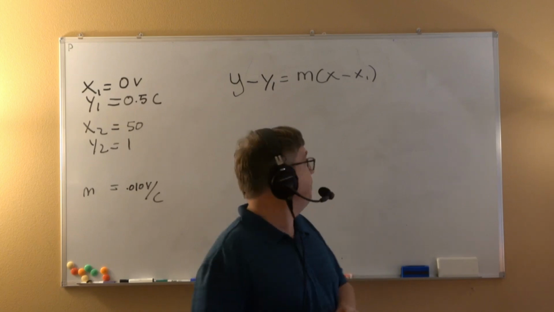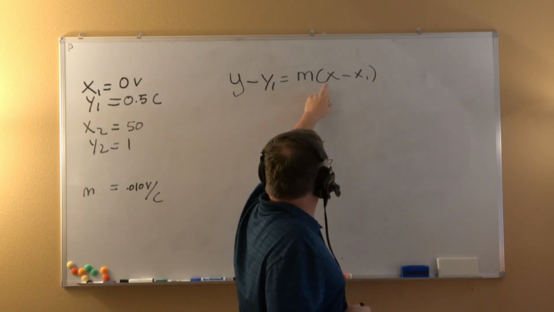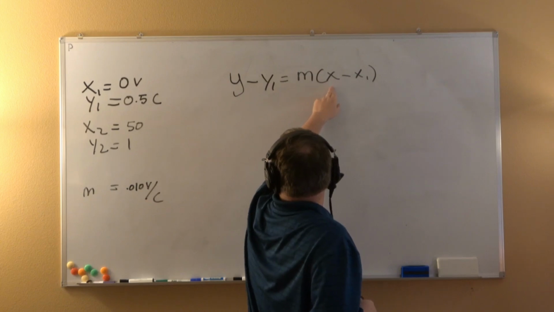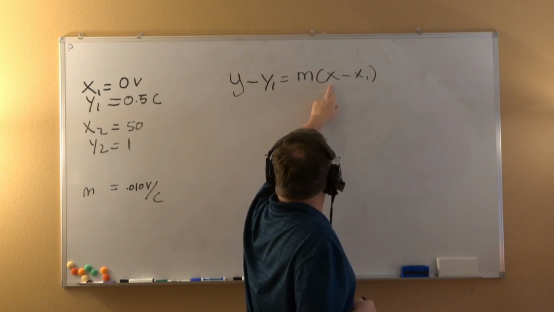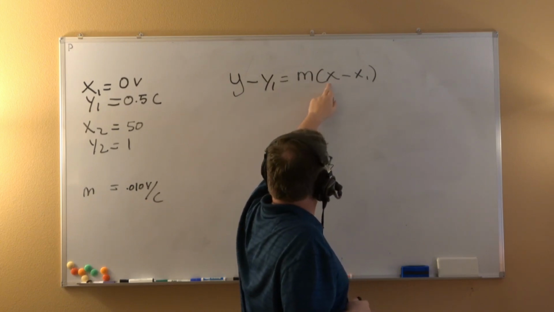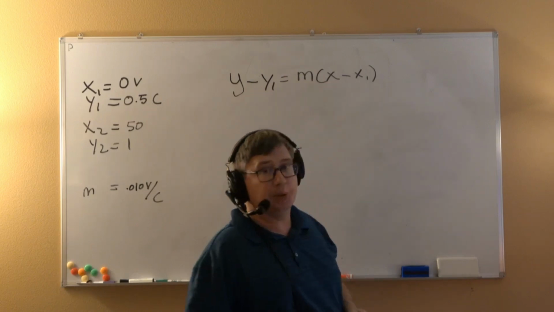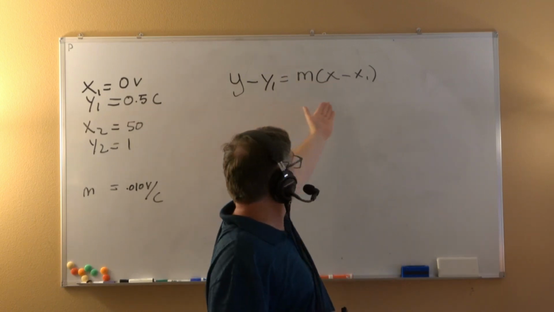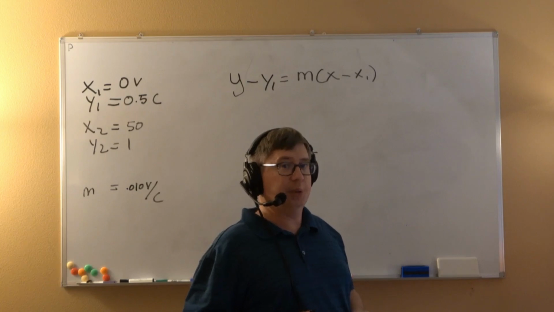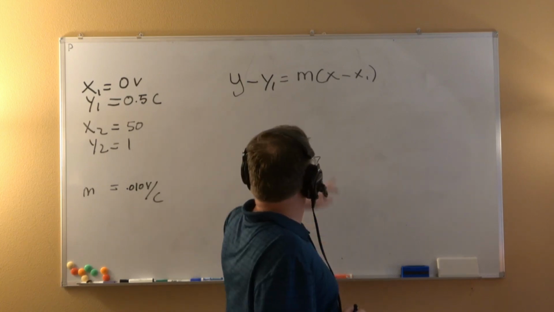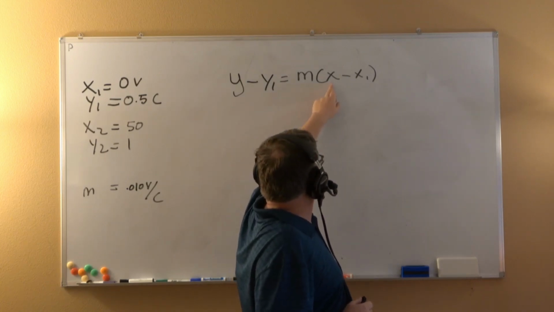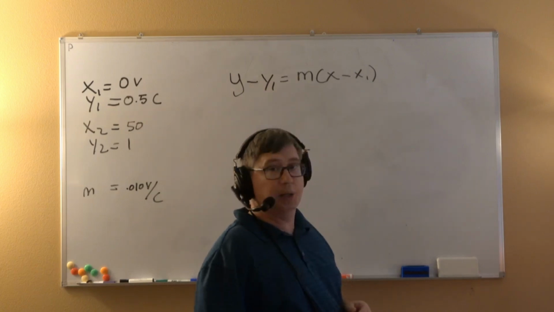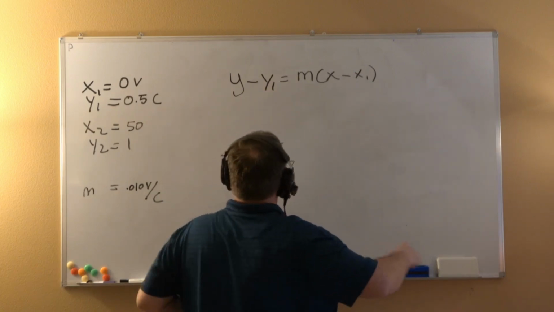However, the X right here is our Celsius, and we want this to be our output. So the way this equation is set up is not what we want. We want this to equal X in terms of Y. So let's go ahead and do that.